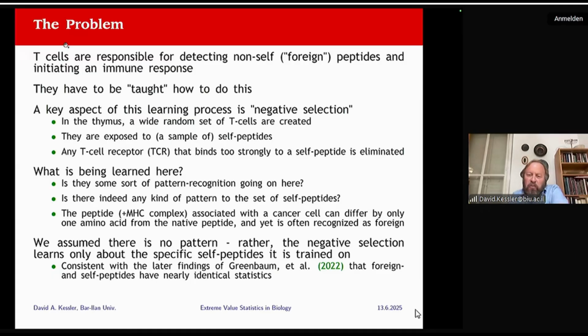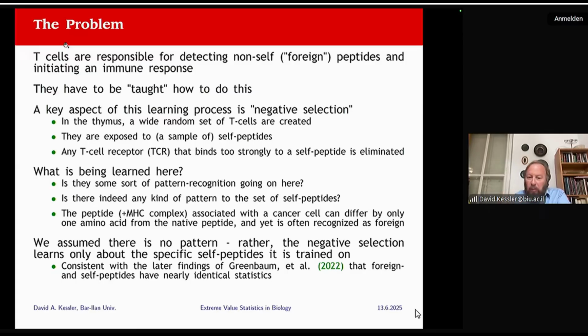One way to see how hard this problem is: if you look at the peptides associated with a cancer cell, the peptides are bound to this major histocompatibility complex, this MHC molecule, but that doesn't matter. The peptide associated with the cancer cell many times only differs by one amino acid from a native peptide, because the cancer arose from some kind of random mutation.